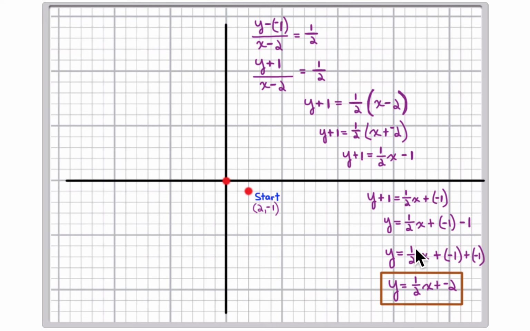So y is equal to 1/2 x plus a -1 plus a -1. Well, a -1 plus a -1 is -2. So you end up with y equals 1/2 x plus -2, which is why I wanted to change this to adding a negative value, because this shows you where the y-intercept is. So the y-intercept is going to be right here at -2.